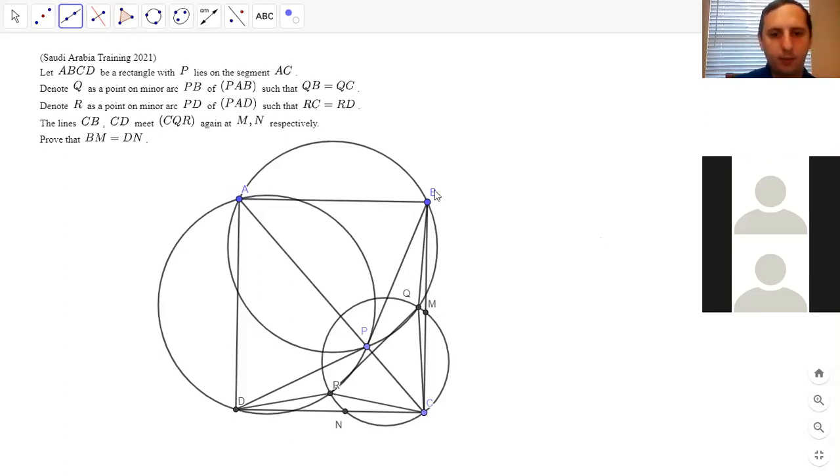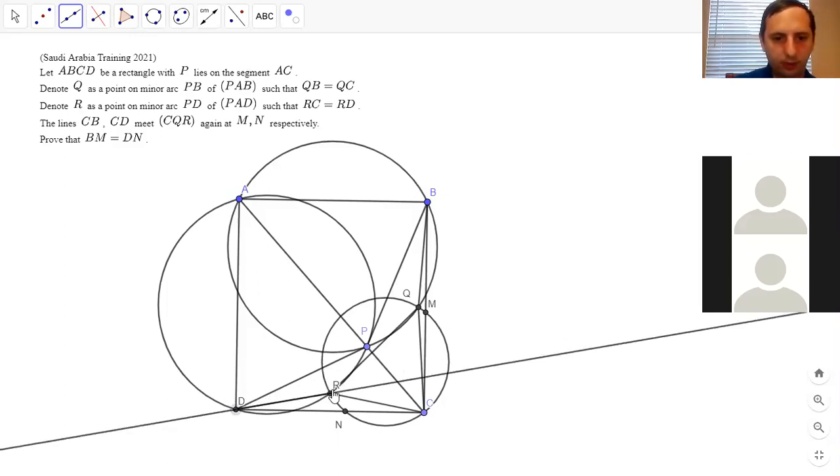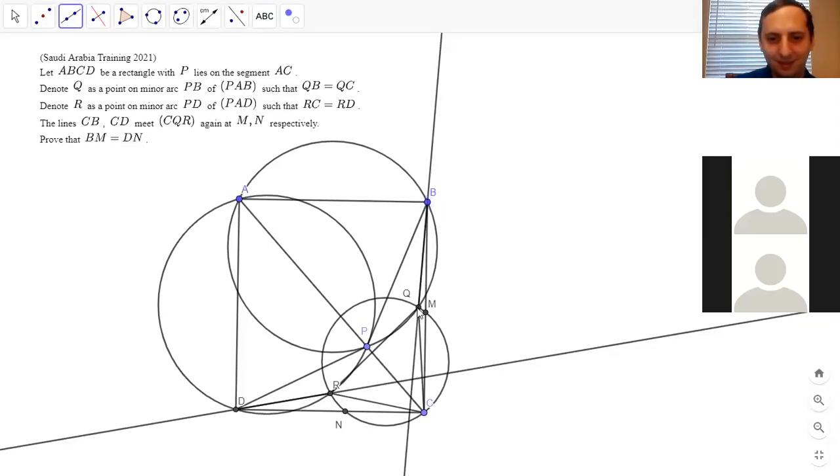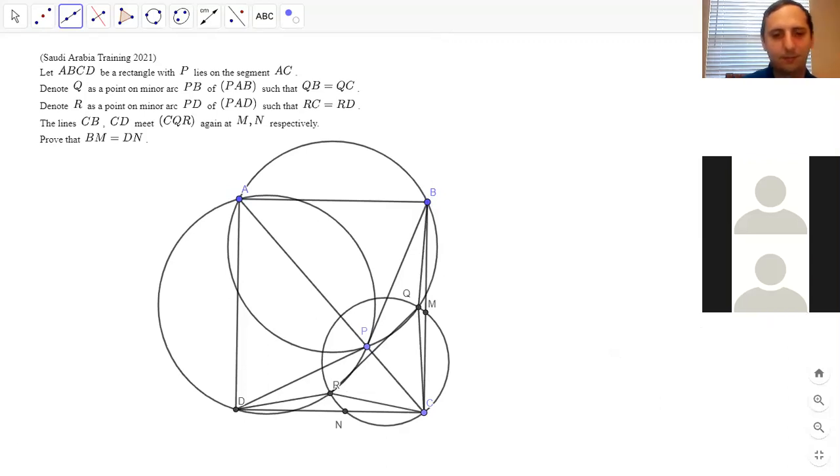Do DR and BQ intersect on the diagonal? Let's see. If I draw DR, he likes rectangles and squares. Interesting. So we have Prem Joshi just joined.